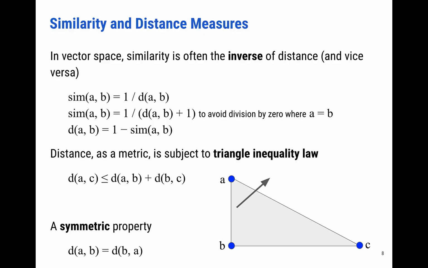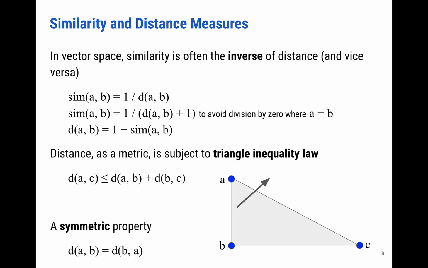Here the law, I'm just trying to describe it in terms of this triangle: the distance between A and C, which is the hypotenuse, is always going to be less than or equal to the distance between A and B plus the distance between B and C. So you can imagine if B got closer and closer to the line between A and C so that it stopped being a triangle and was just flat, you would see that AB plus BC is equal to AC, but it can't ever get smaller than that.